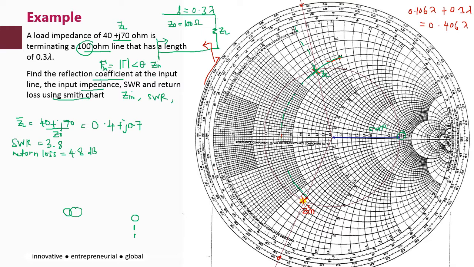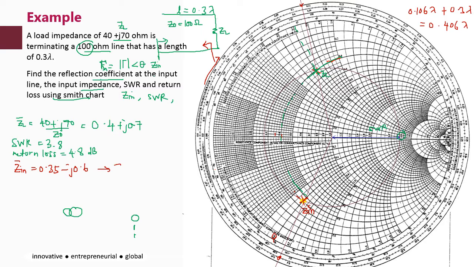So find the reflection coefficient and also the input impedance. Get the value of your Z in, somewhere here, around 0.35 minus j0.6 normalized.